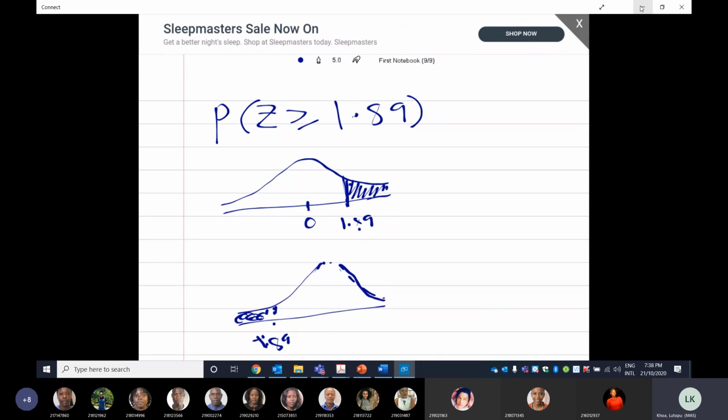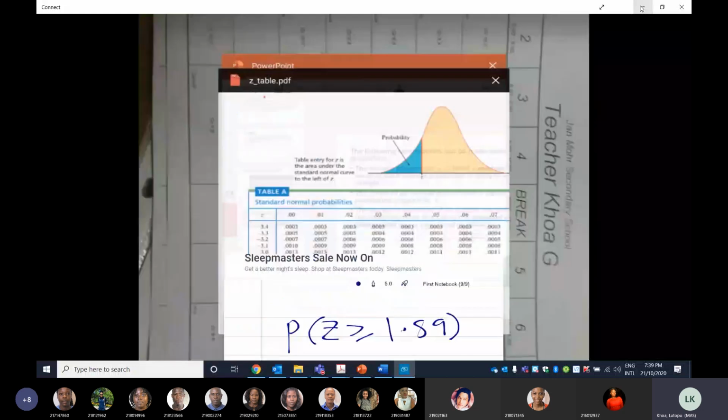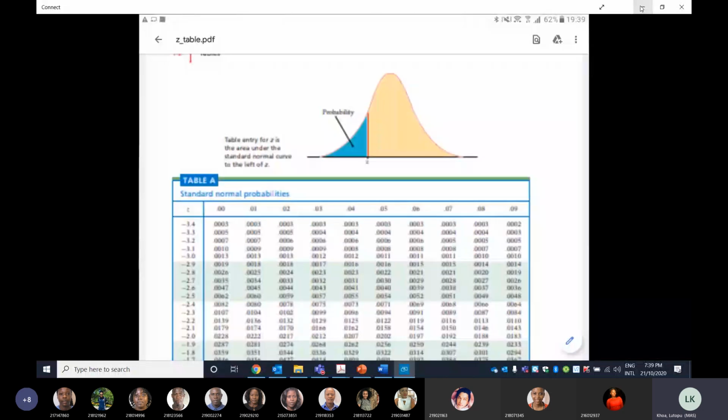It doesn't look like they're the same just because of the way I'm drawing it. It's a little difficult to draw them, but just think of it as if the curve has been flipped around. So if we get the area that is below negative 1.89, that is the probability that Z is greater than 1.89. So we go to the table in order to get that.